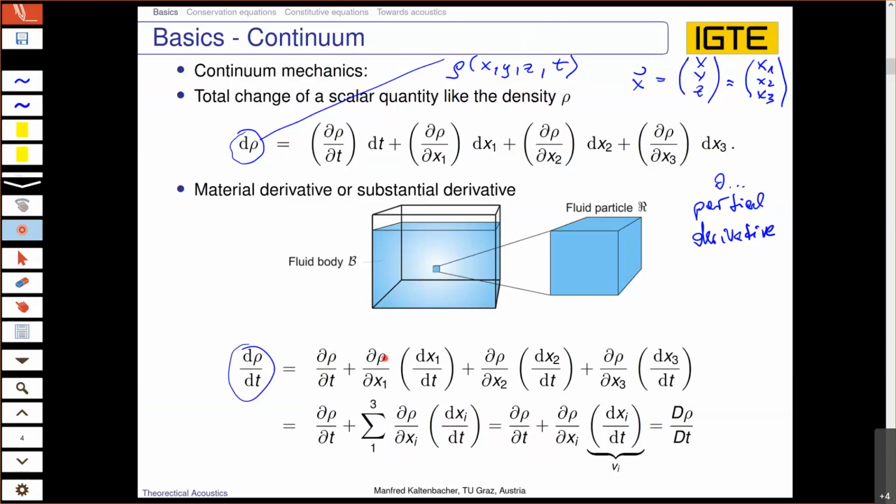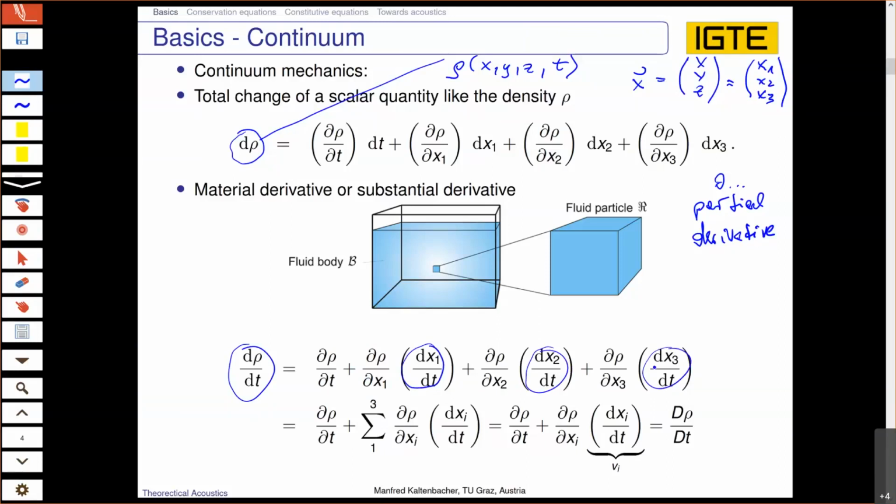And then we see here the change with respect to the x1 coordinate. Now since we have divided by dt, we have here this term, which is the total change of the first coordinate with respect to time. And we have it also here for the second coordinate and for the third coordinate. And that we know is nothing else than the three velocity components.